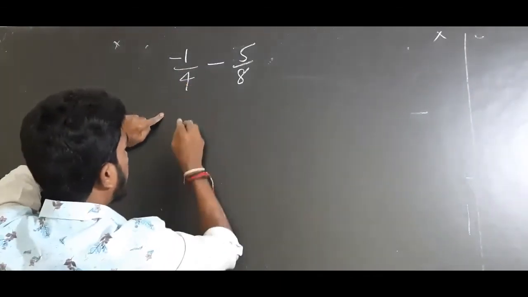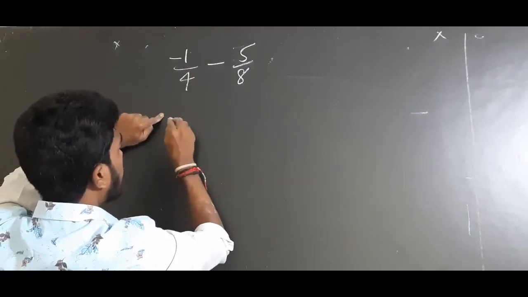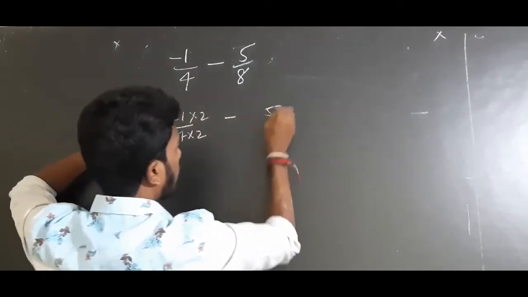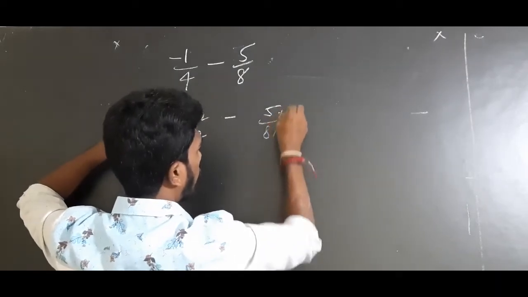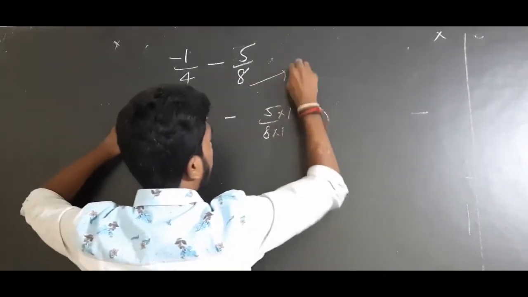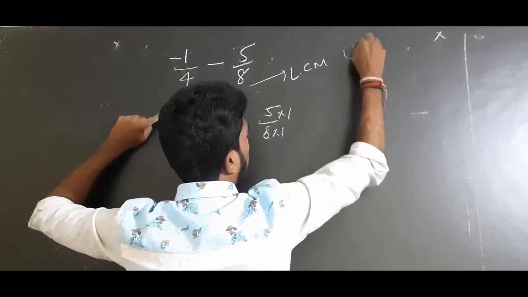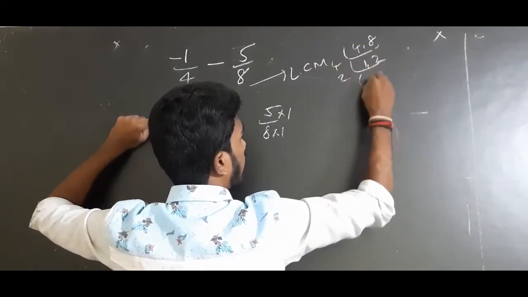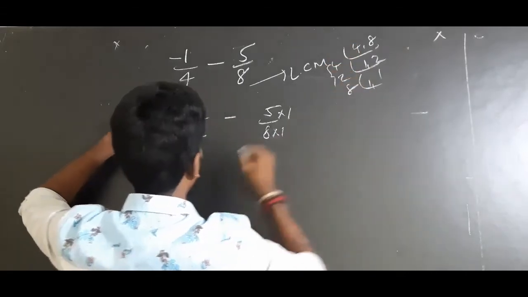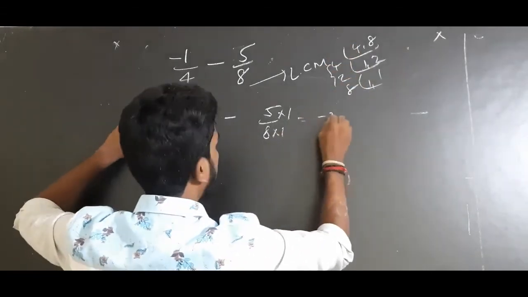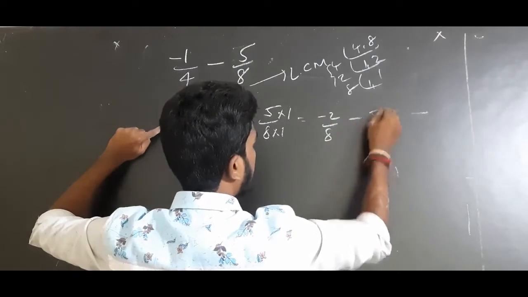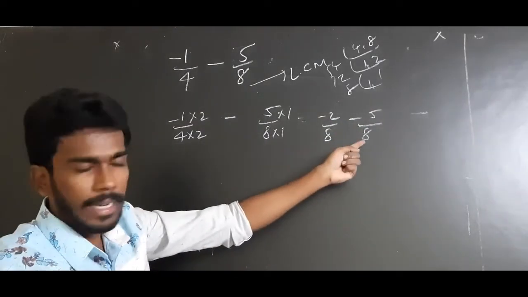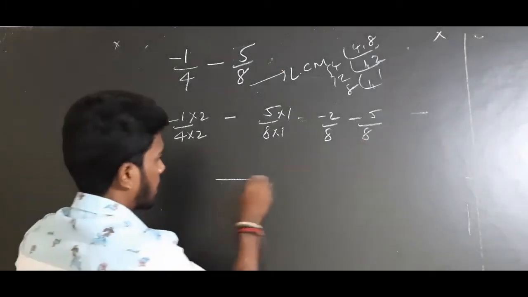So we have to multiply this by 2, this by 1. So minus 1 divided by 4 into 2, minus 5 by 8 into 1. Now the result will be minus 2 divided by 8 minus 5 divided by 8. Now I have made it a like fraction.